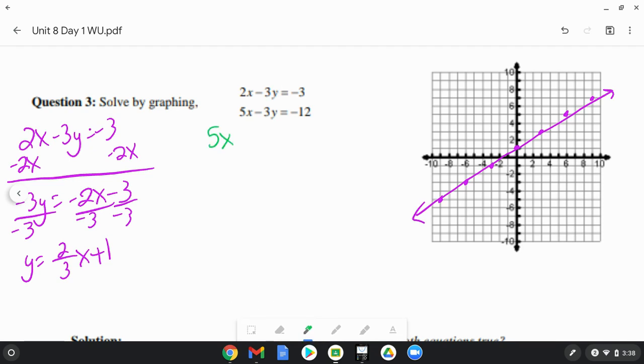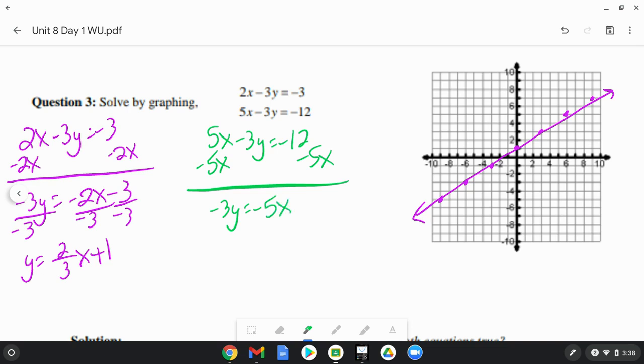My second line, I'll go green. So that'd be 5x minus 3y equals negative 12. Subtract 5x. Divide by negative 3. And we get y equals 5/3 x plus 4. So that tells me to go to 0, 4. And go up 5 over 3. 1, 2, 3, 4, 5 over 3.